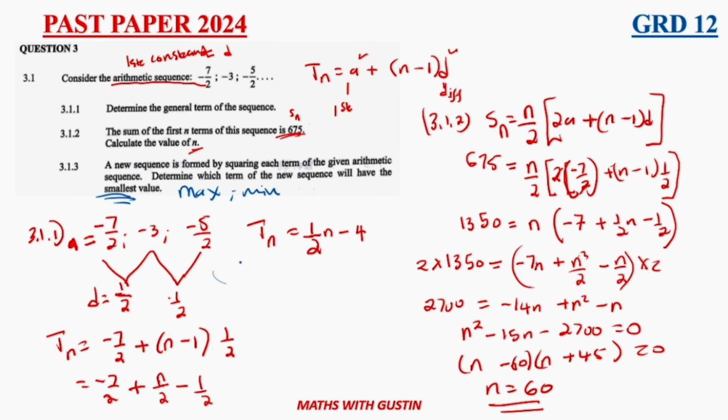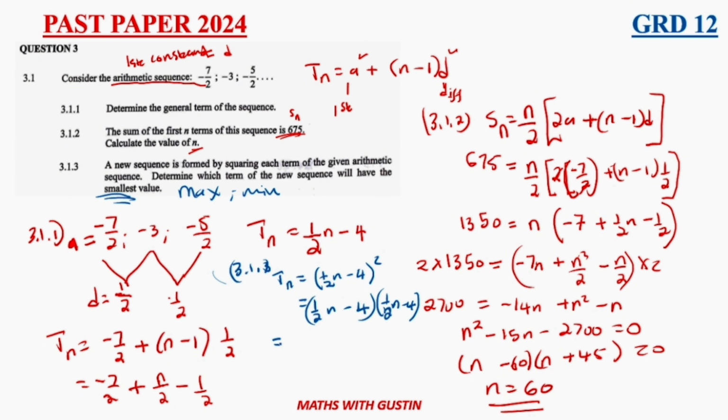So now if you come here to 3.1.3, they are saying a new pattern is formed by squaring the term. So you come here to Tn and square it. It's going to give us (half n minus 4) all squared.